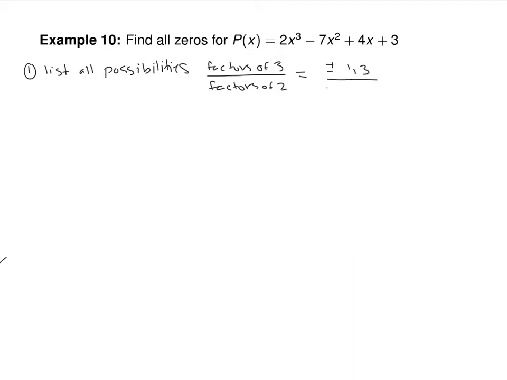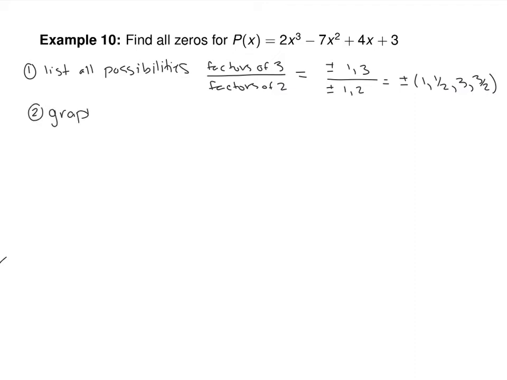And the factors of 2 are plus and minus 1 and 2. As your list, that's plus or minus 1, a half, 3, and 3/2. Does that make sense? Okay. Now here is how I want you to find the one that works.